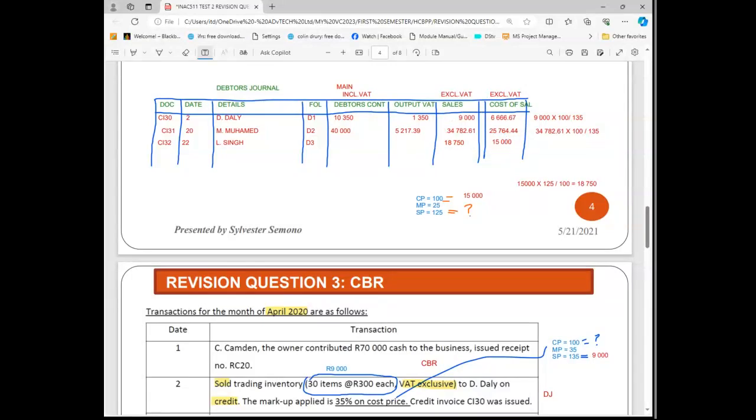Okay so far? Yes. Next, what do you think we can calculate?